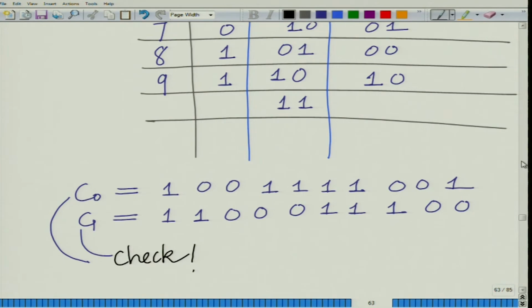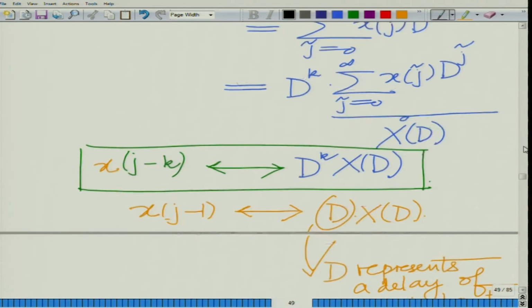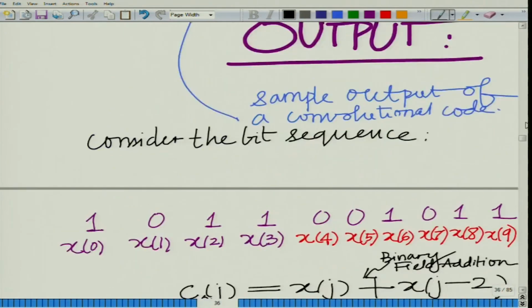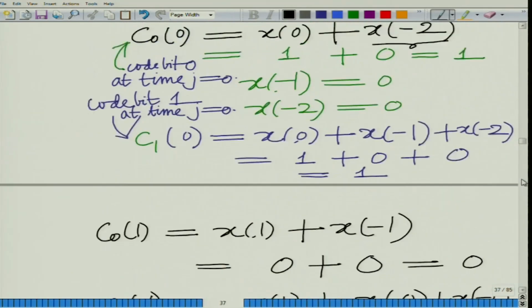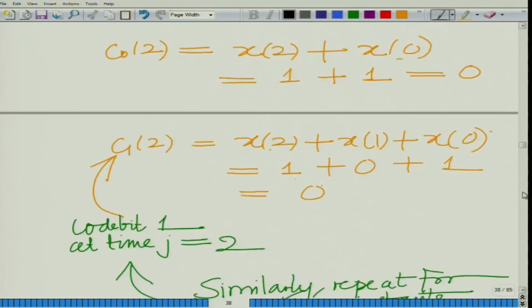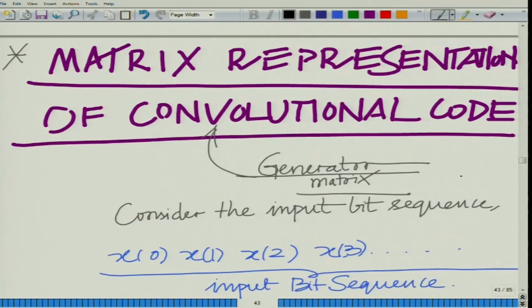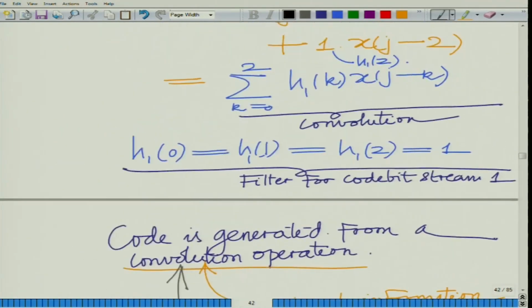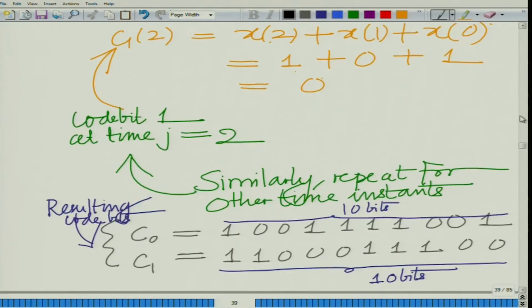If you go all the way back to our example for the generation of the convolutional code, you will again see the same input sequence 1 0 0 1 1 0 0 1 and 0 1 1, and you can see that the generated output code bits, for instance C0, is 100 1111 001, and therefore you can verify it.